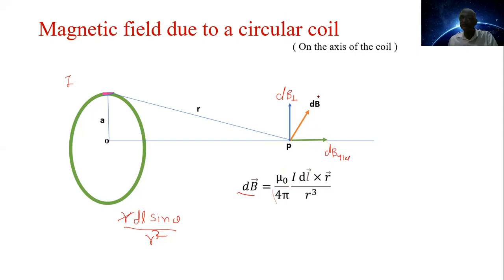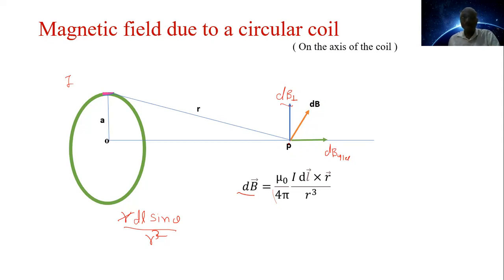That is, this dB can be resolved into two parts, dB perpendicular and dB parallel. dB is made up of these two magnetic inductions, meaning the resultant of these two is dB. Note that this dB is the magnetic induction due to this small current length. We can see it can be resolved into two components, dB perpendicular and dB parallel.